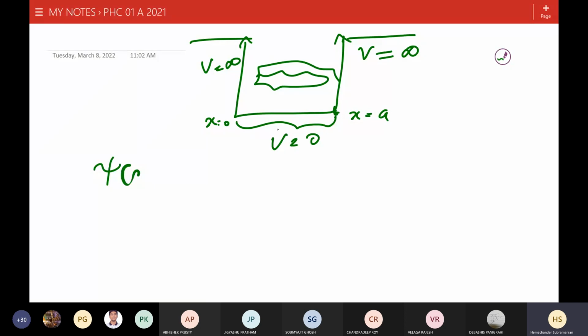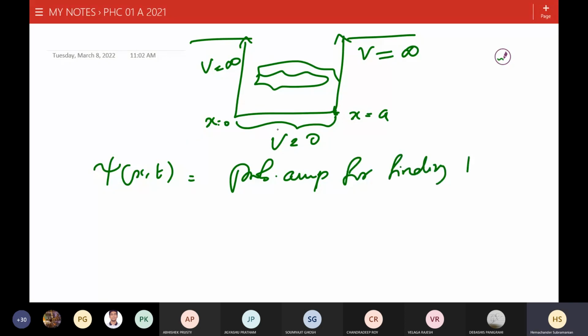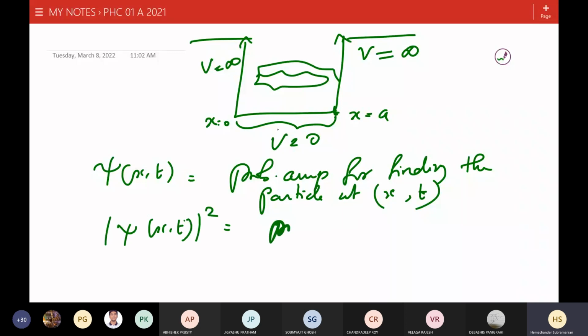So psi of x comma t is the probability amplitude for finding the particle at x, t, and the modulus square of psi of x comma t is the probability of the same thing. You guys know this by now. So our goal was to solve Schrodinger's equation for this particular setup.